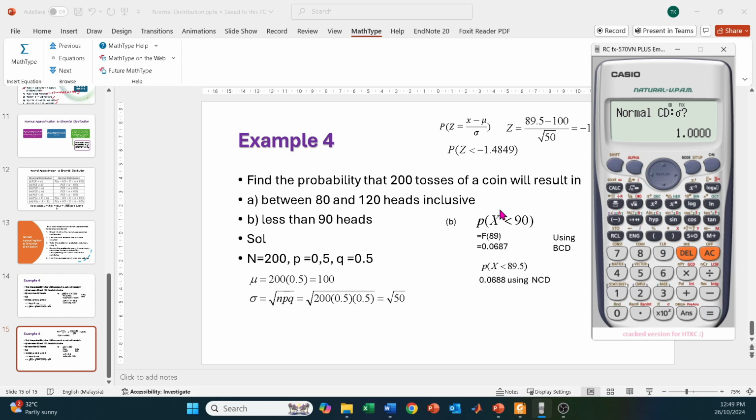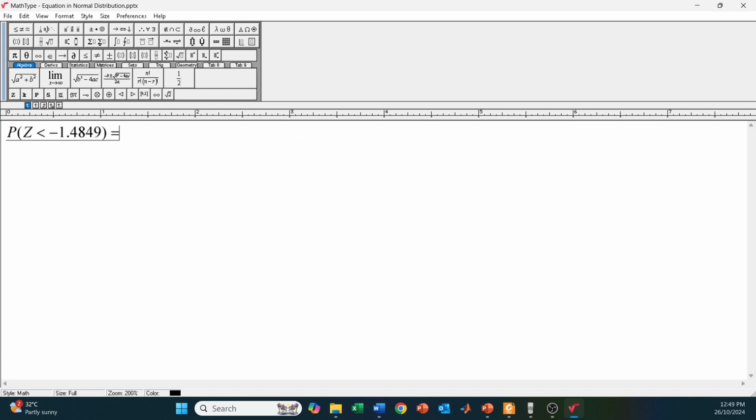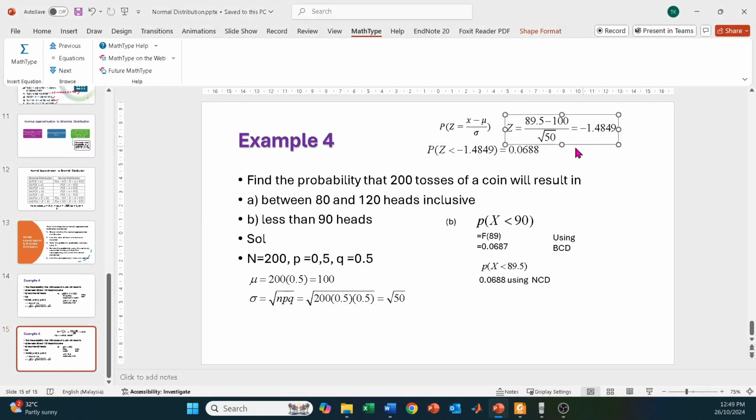Since we already converted X into Z, sigma will be 1 and mean will be 0. So again, you get 0.0688 using the normal CD.